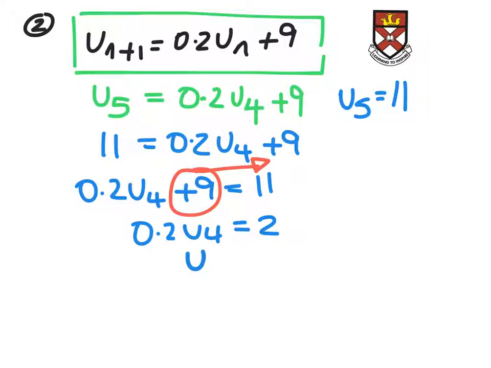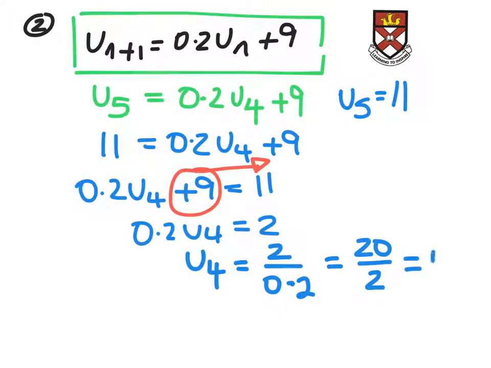And then if I take the 0.2 over, I can work out that u4 is 2 divided by 0.2, which you can do as 20 divided by 2, which is 10. So that tells us that u4 is equal to 10.